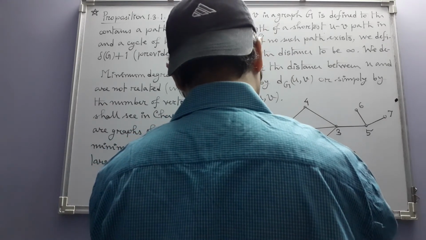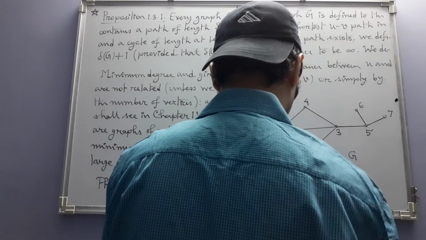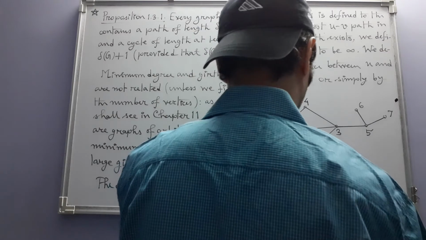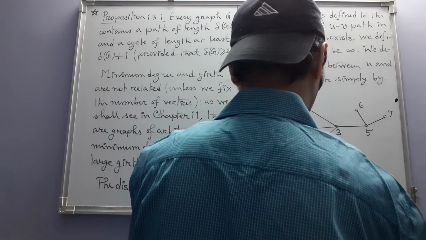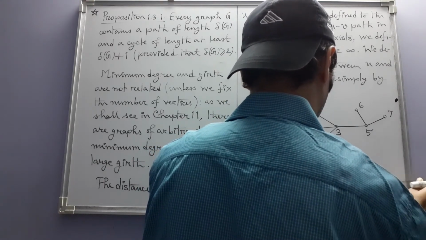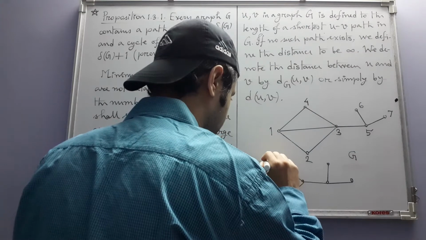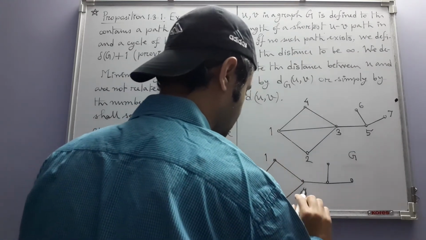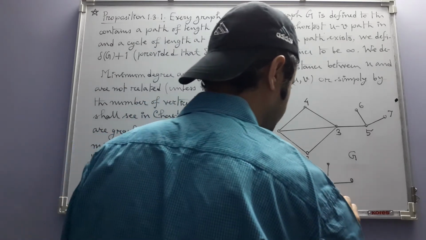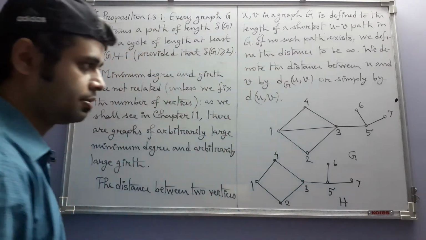In other words, H is actually a subgraph of G. Vertices 1, 2, 3, 4, 5, 6 and 7. Suppose this is H.